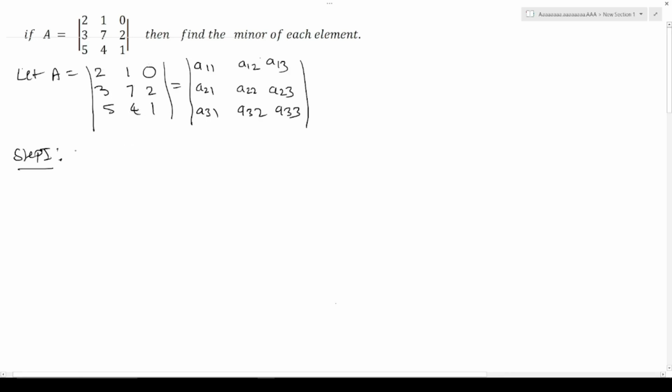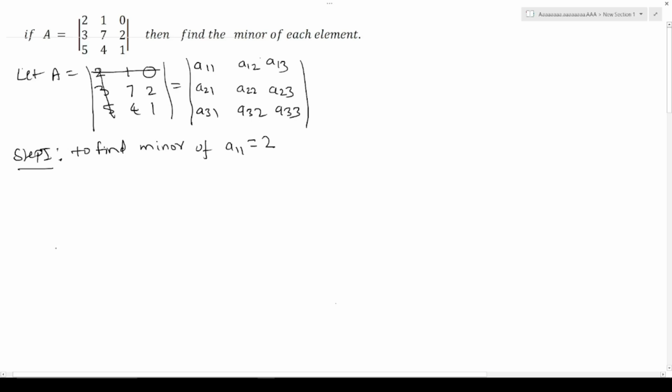So step 1, to find the minor of A11 equals 2. For finding the minor of A11, omit the first row and omit the first column.